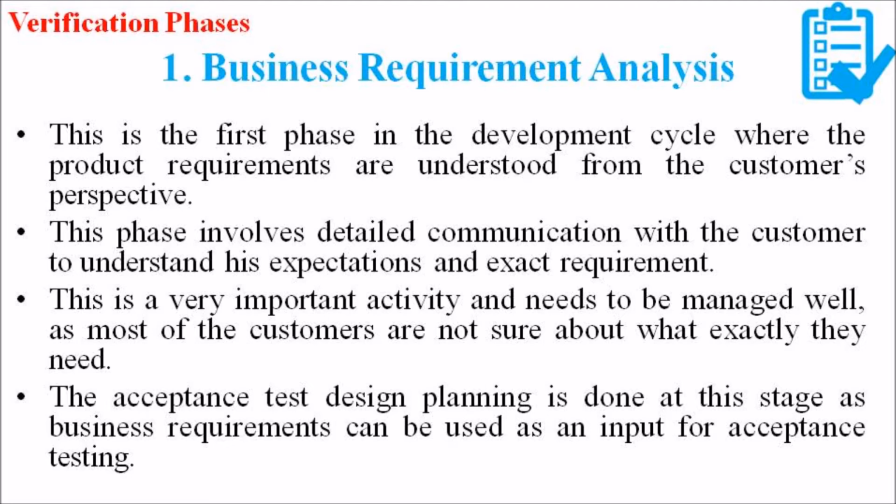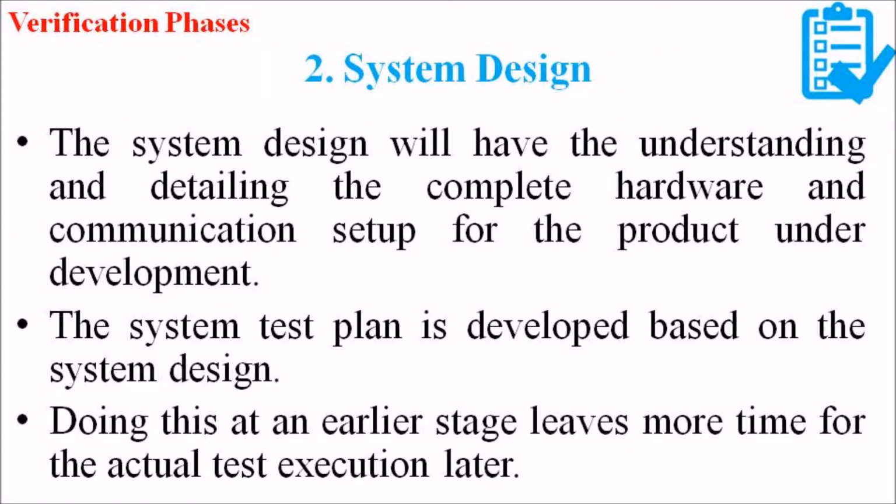This is a very important activity and needs to be managed well, as most of the customers are not sure about what exactly they need. The acceptance test phase planning is done at this stage, as business requirements can be used as an input for acceptance testing.